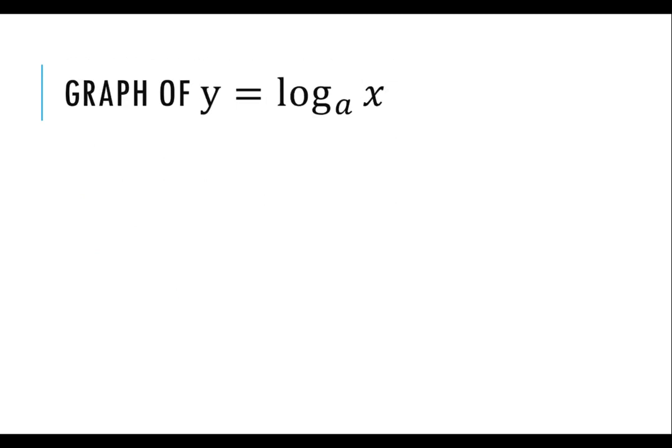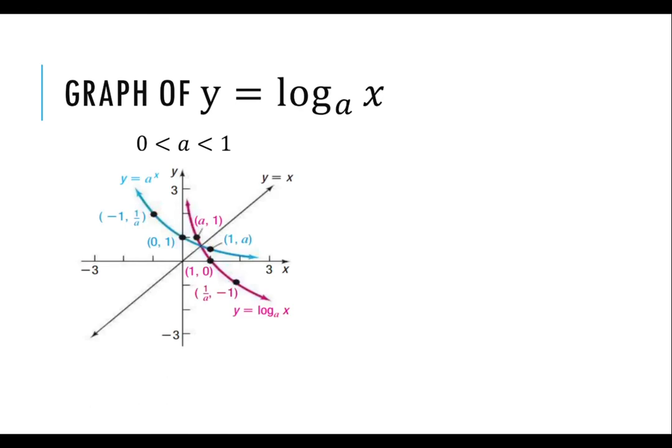And if we're considering the graph of y equals log base a of x, there's two situations that occur. Remember that a logarithm is really the inverse of the exponential. Since they're inverses of each other, this blue one is my exponential graph, where a is a number between 0 and 1, and we know that that is a decreasing function.